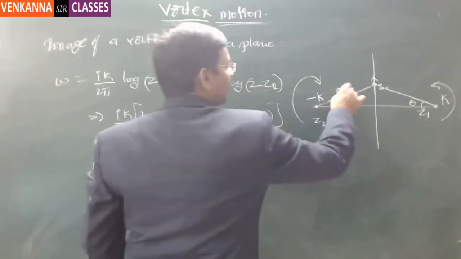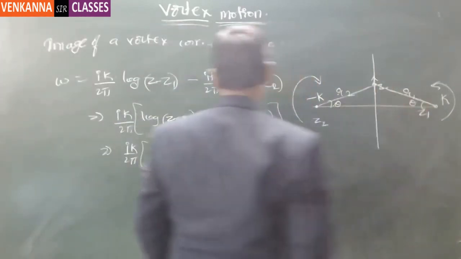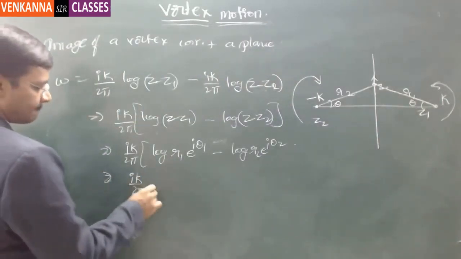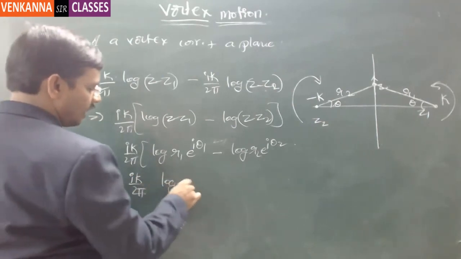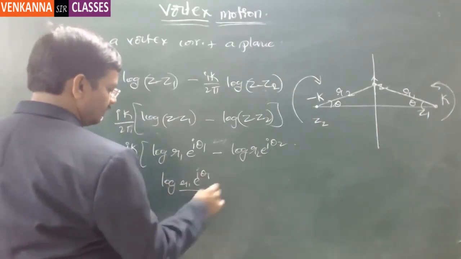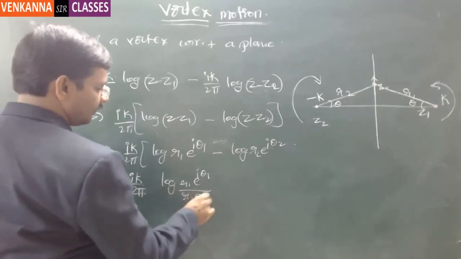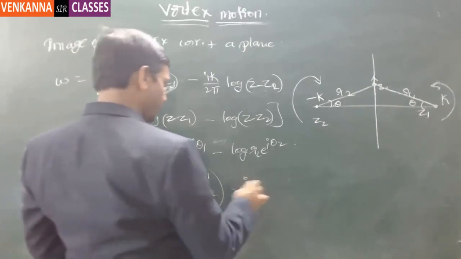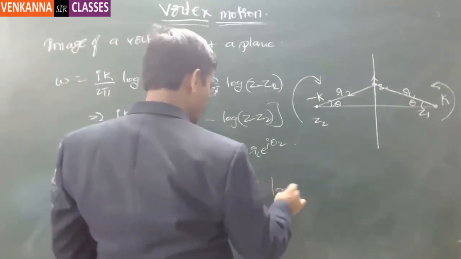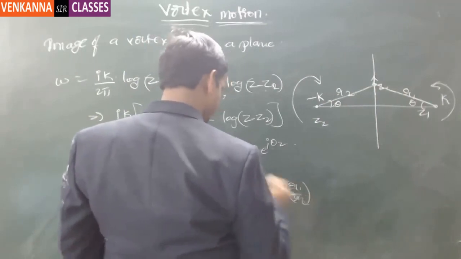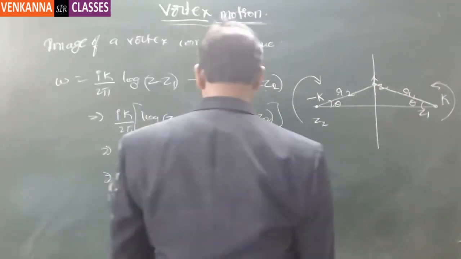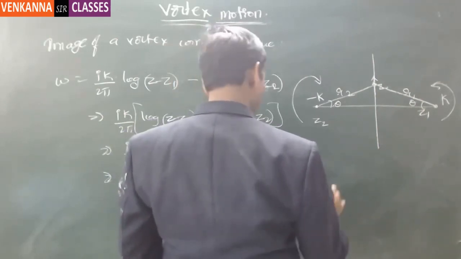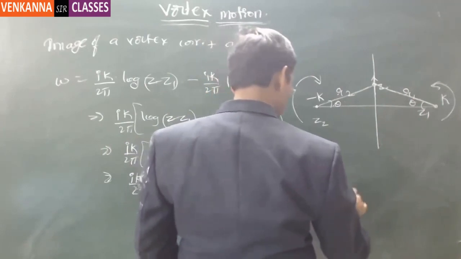So this value will be R2 and this value will be R1. Now, if you take ik by 2 pi times log of R1 e power i theta 1 divided by R2 e power i theta 2, this is equal to ik by 2 pi times log R1 by R2 plus i times theta 1 minus theta 2.